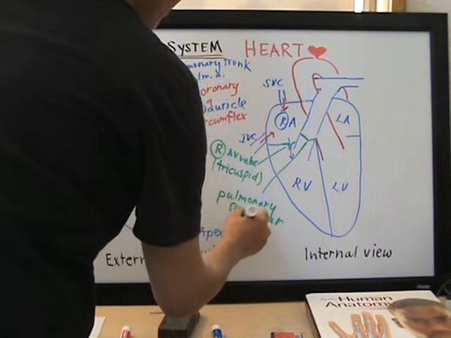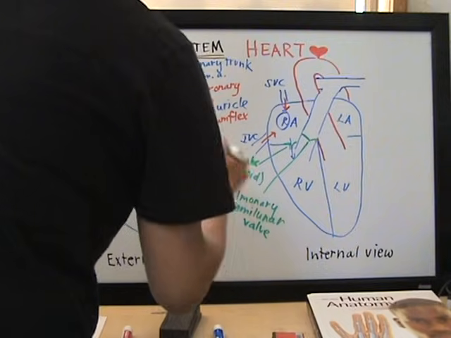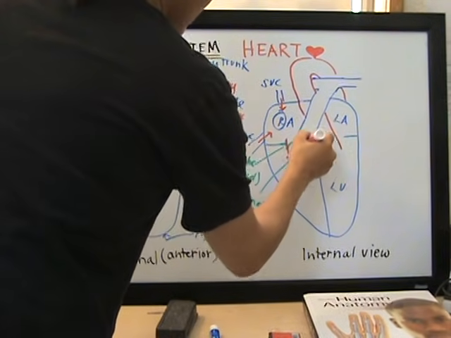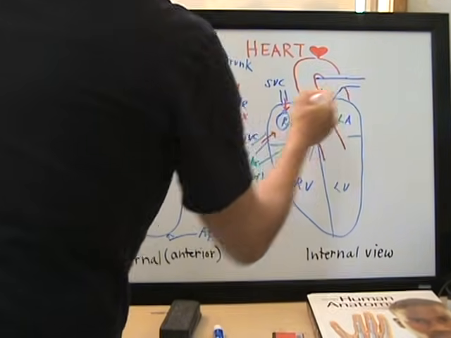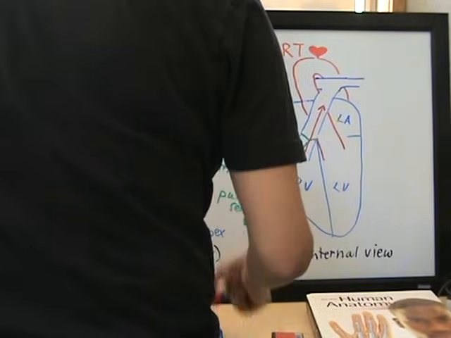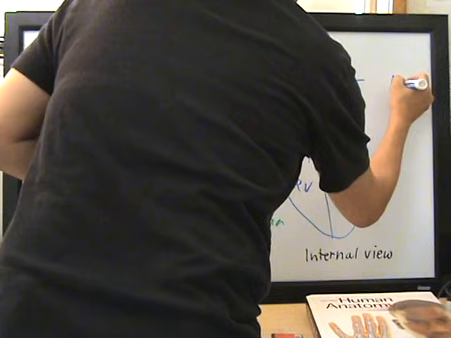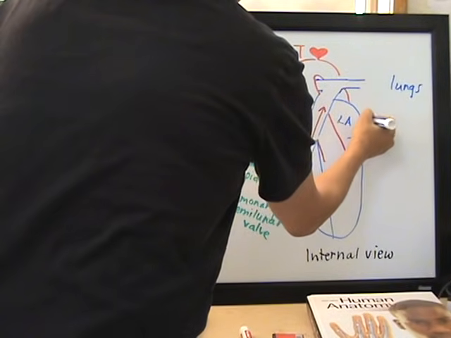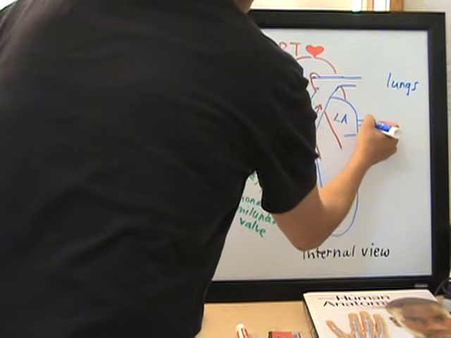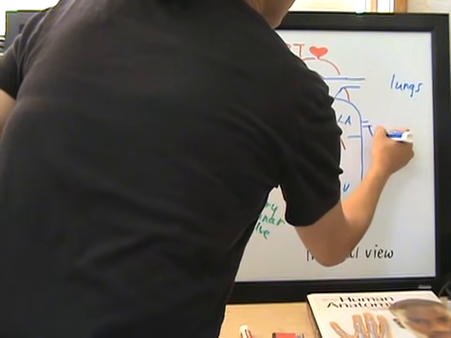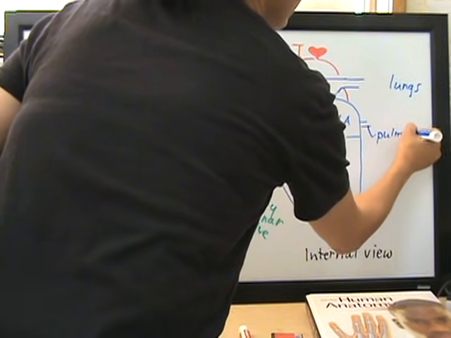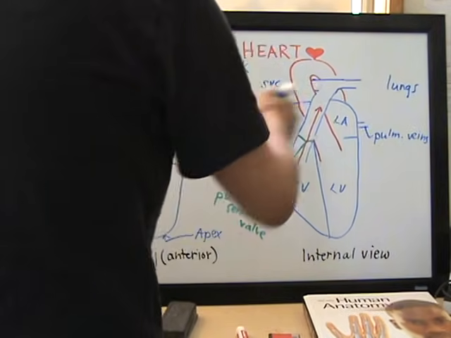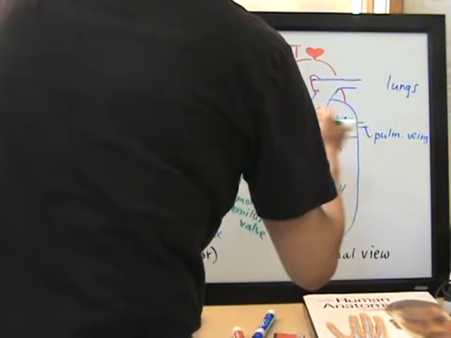So blood then will go through the pulmonary trunk to the pulmonary arteries, to the lungs, right and left lungs, back to the heart through vessels called the pulmonary veins. Several of them. So brings blood into the left atrium.